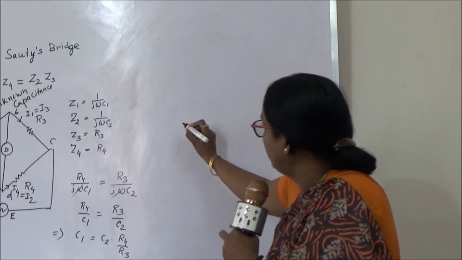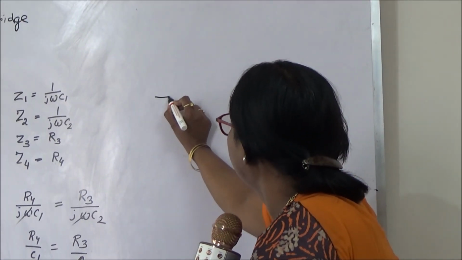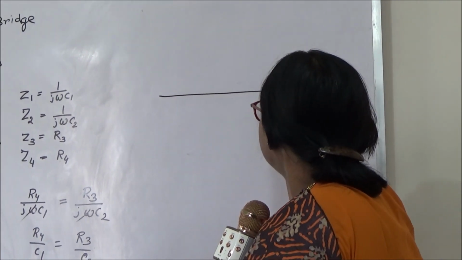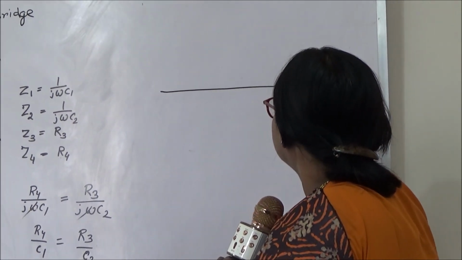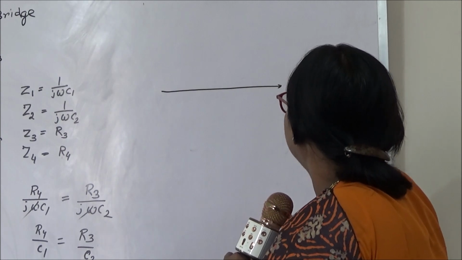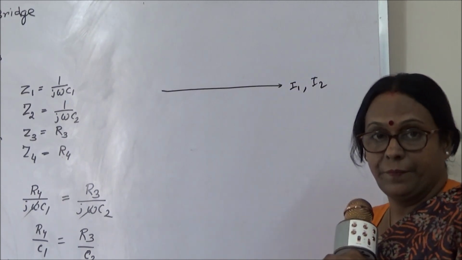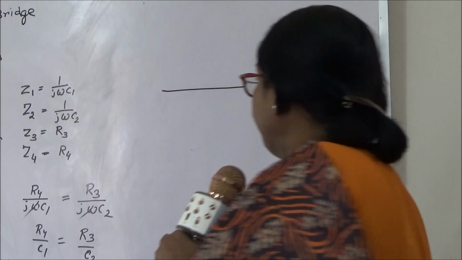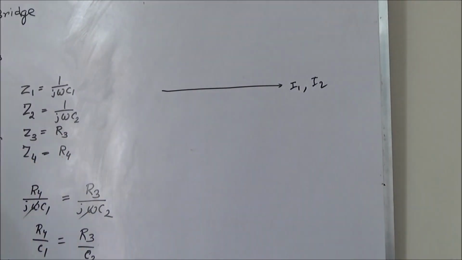So in the phasor diagram, first we will draw I1, I2 current phasor. Now the drop across the capacitor will lead the voltage.